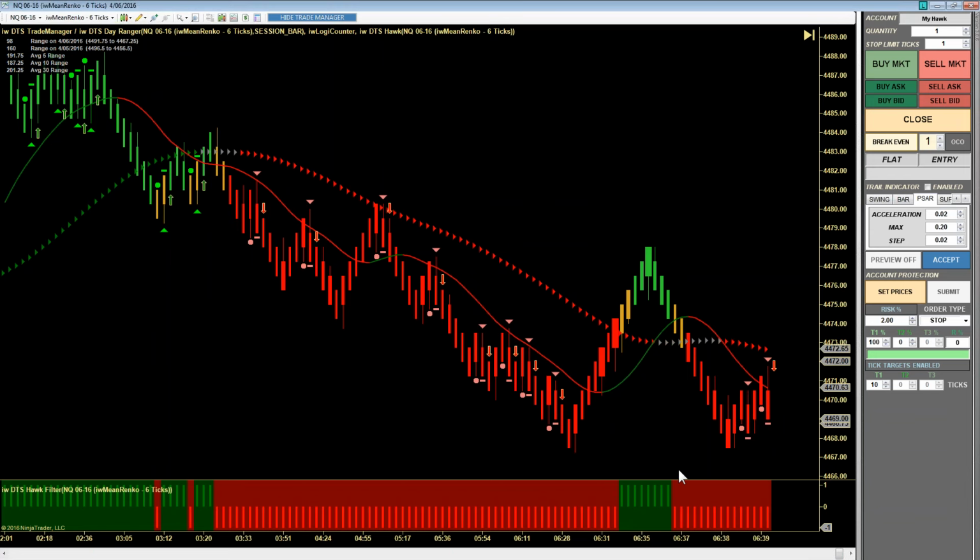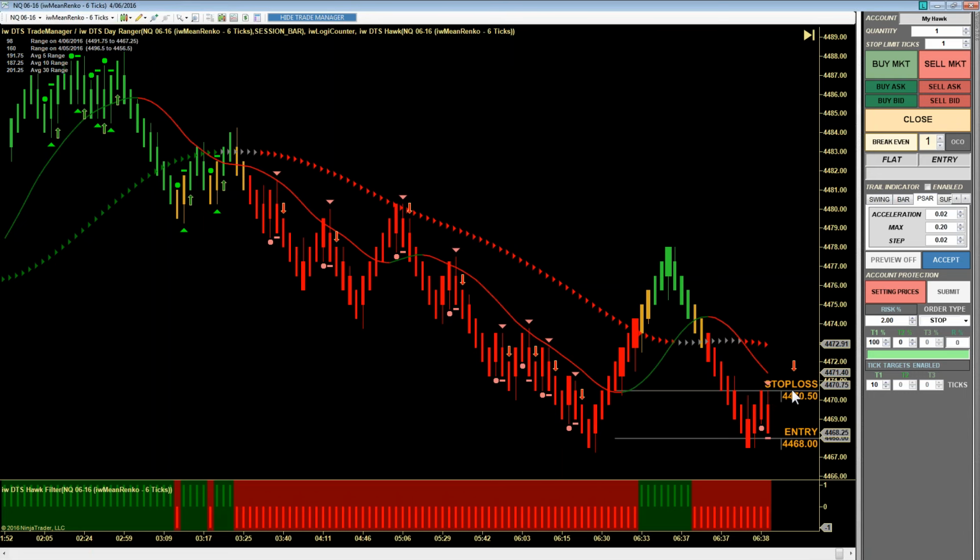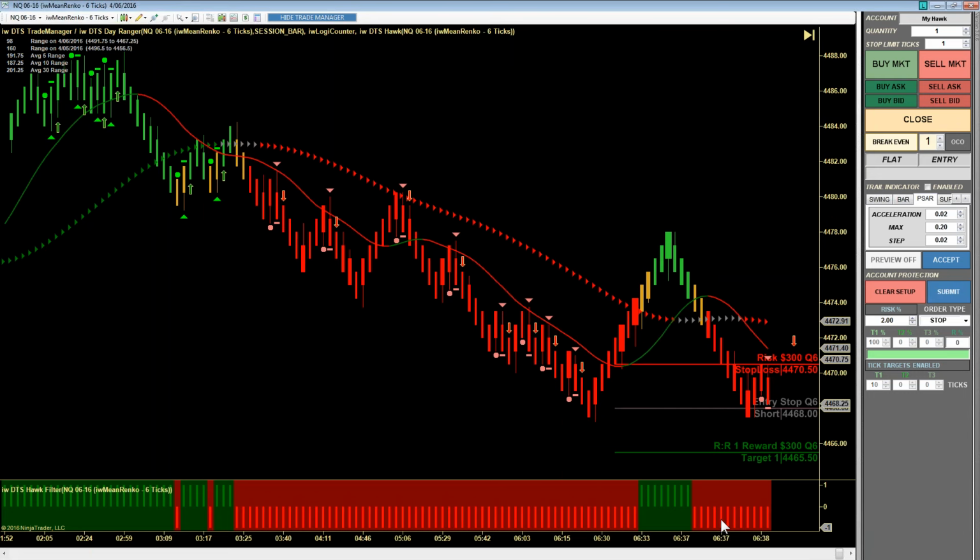The one point I should make here about the trade manager and this whole concept of containing your risk to only 2%: what a lot of people do incorrectly is they'll place their stops really, really tight and try to control their risk that way.